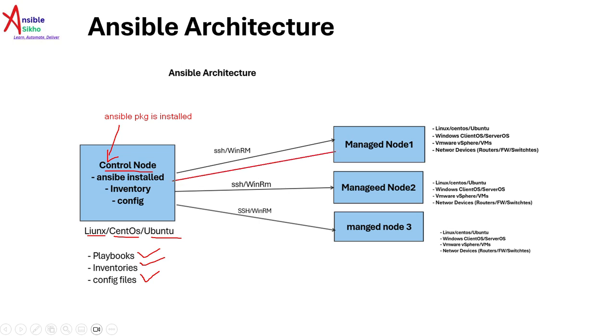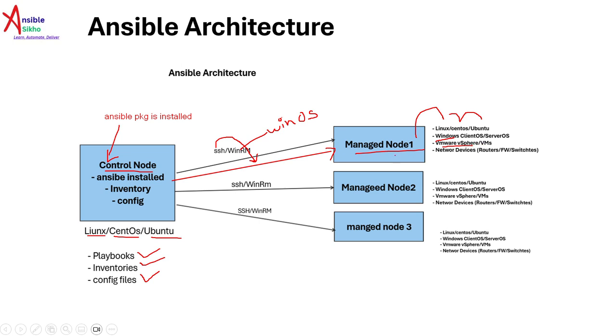Then there is a managed node where the control node takes a connection using SSH in case of Linux, or WinRM in case of Windows OS. Your managed node can be Linux, CentOS, Ubuntu. It can be Windows. It can be VMware vSphere.